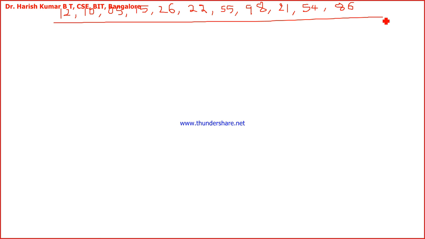So first thing, you have to go for finding the hash value of all these elements, and before that you have to write the subfiles. Okay, so how many elements do we have here? 1, 2, 3, 4, 5, 6, 7, 8, 9, 10, 11.